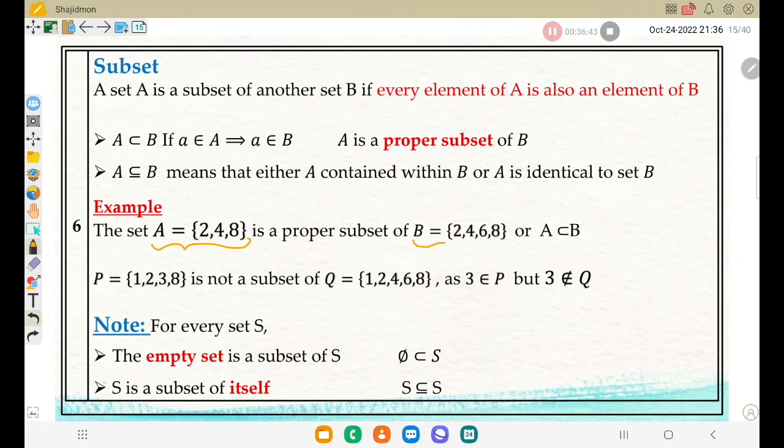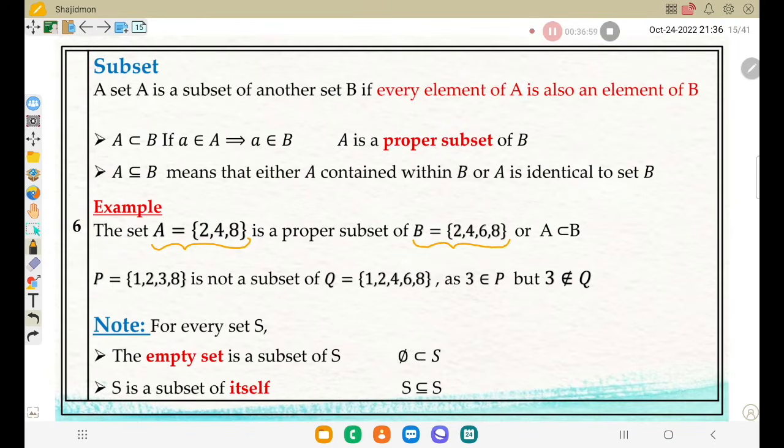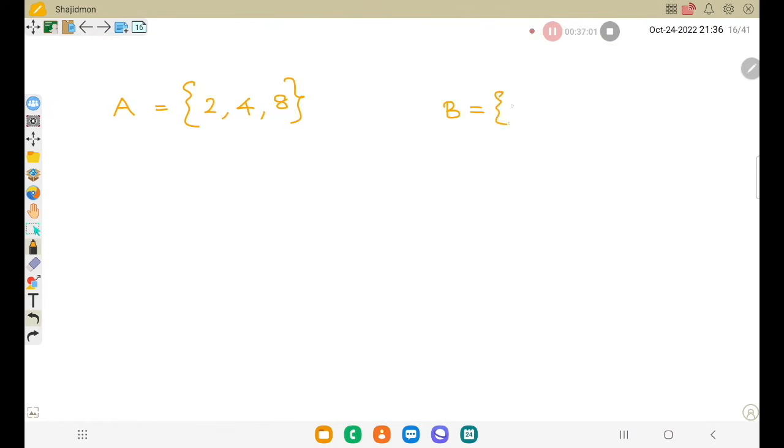Now we can see another set, B = {2, 4, 6, 8}. I can show here: set A is {2, 4, 8}, and another set B is {2, 4, 6, 8}.